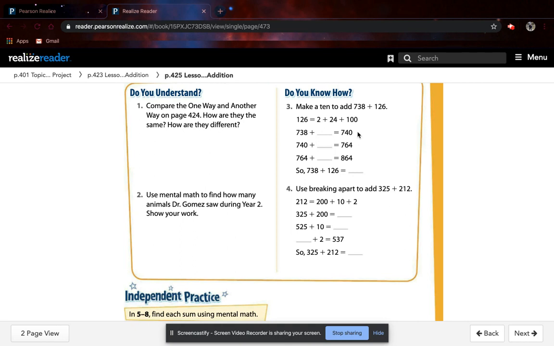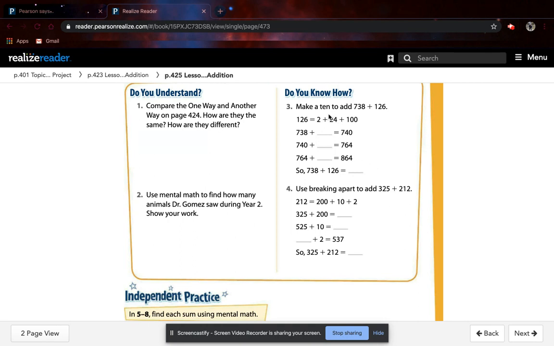So you can do 738 plus 2 equals 740. And then 740 plus 24 gives you 764. And then 764 plus 100 gives you 864. So 738 plus 126 equals 864.